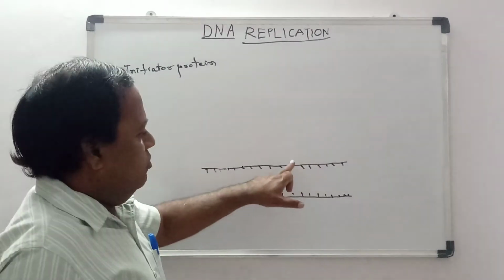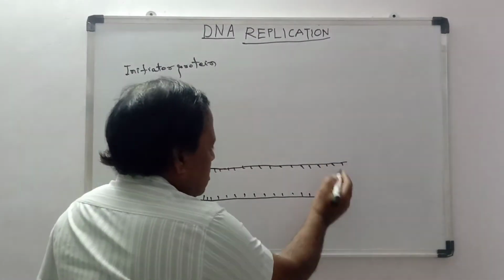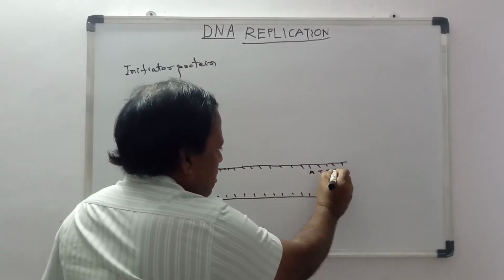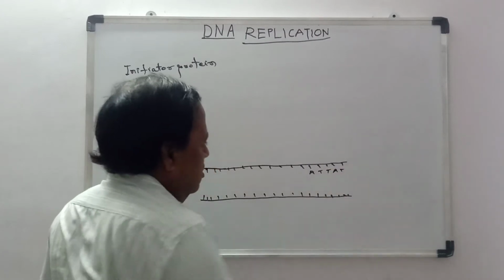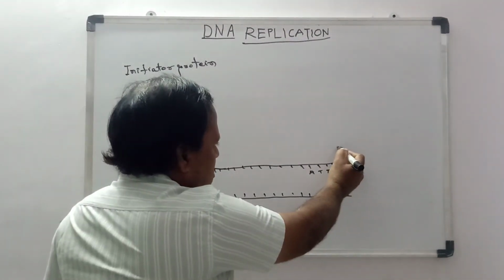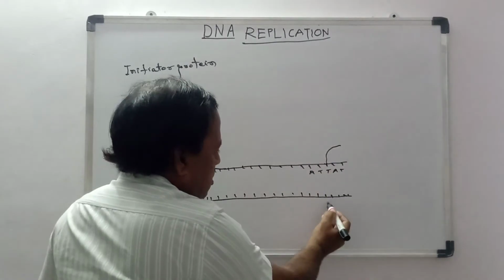This enzyme finds the origin of replication over here. Suppose here it contains the sequence of adenine, thymine, adenine, thymine. So this initiator protein starts the process of separating this DNA strand from here.